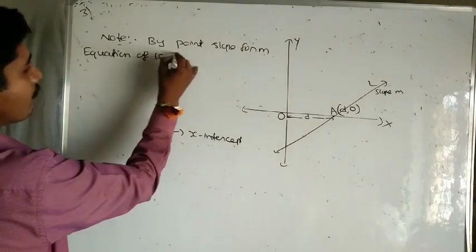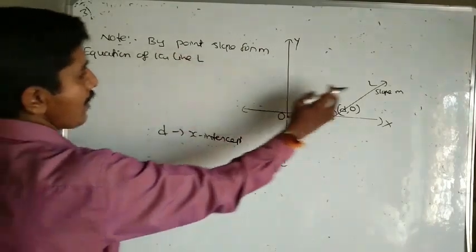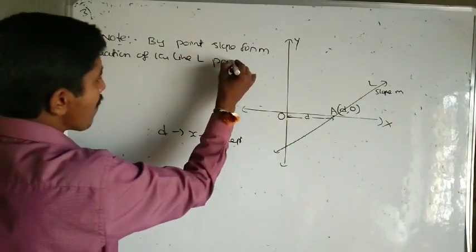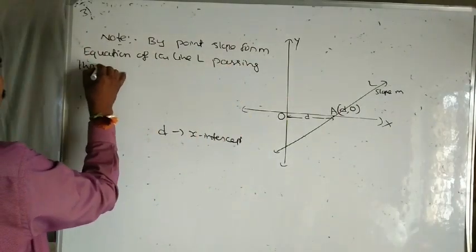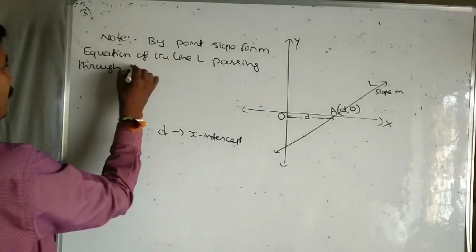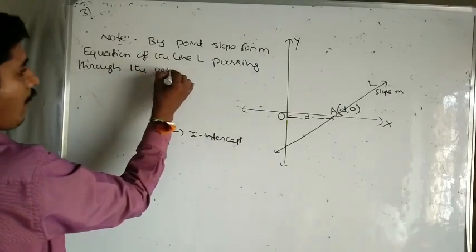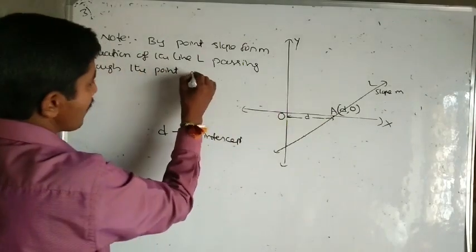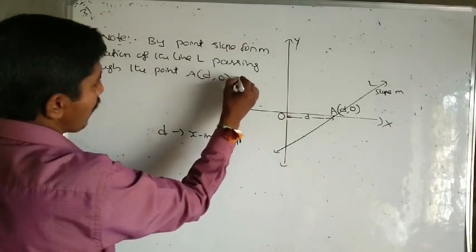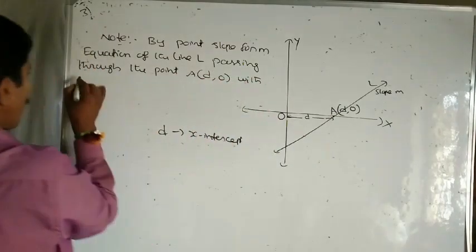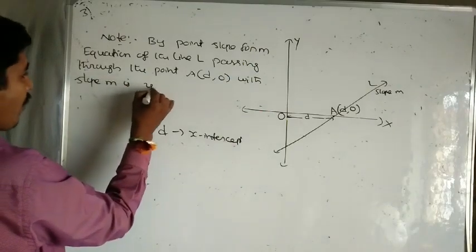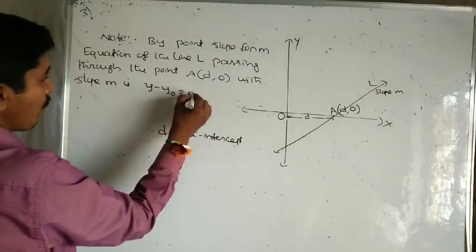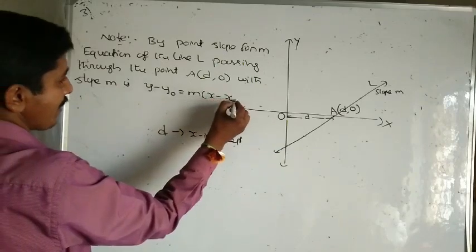Equation of the line L passing through the point A (d, 0) with slope m is given by y minus y naught equals m into x minus x naught.